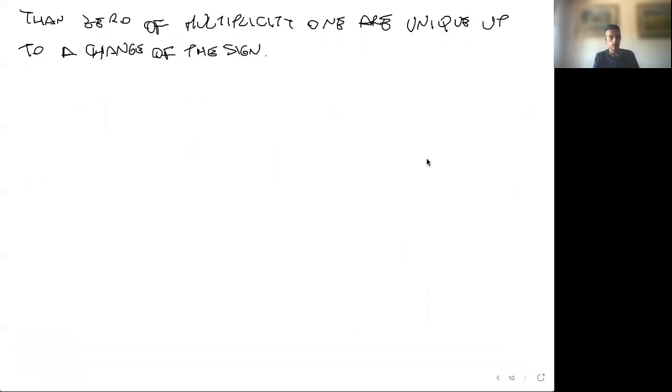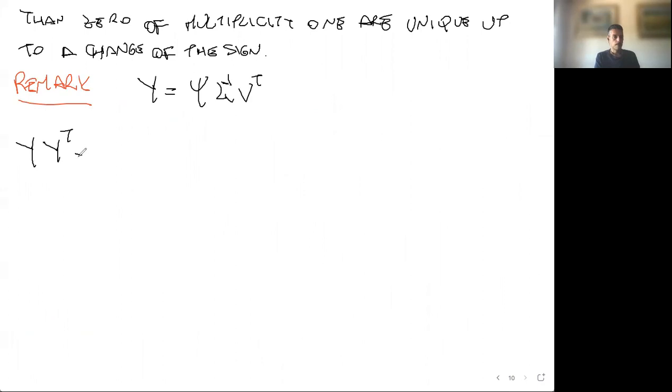Okay, let's see what happens. Remember that we have Y equal Psi Sigma V transpose. If I compute Y Y transpose, this is Psi Sigma V transpose V Sigma transpose Psi transpose.